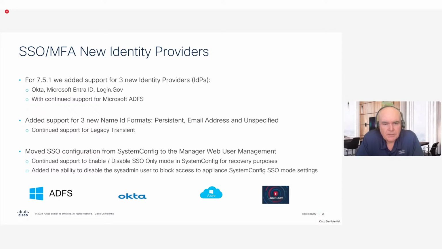So the ability to enable or disable that mode was put into the system config, where you can recover and say, I don't want SSO only mode, I just want SSO, which would give you the ability to log in locally while that IDP was down. The chance of the IDP being down is quite rare, to be honest. IDPs are built with resiliency in, but there was always that risk there.